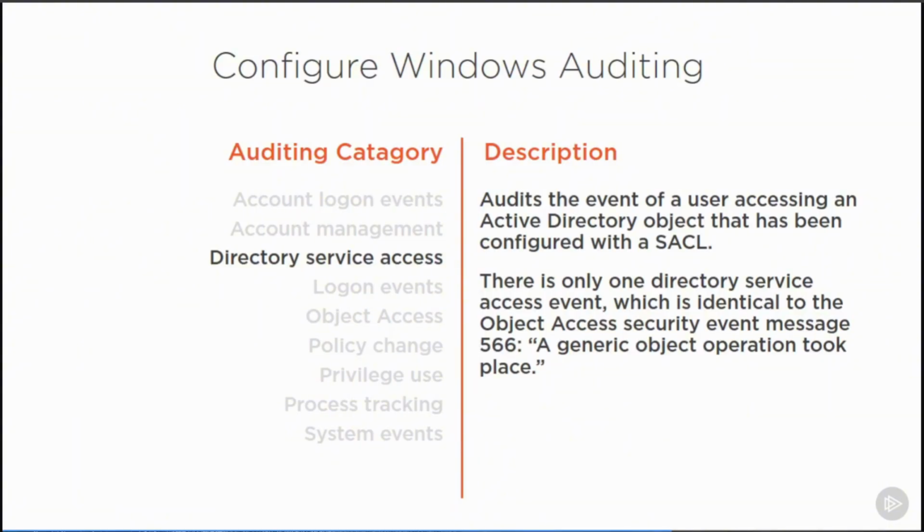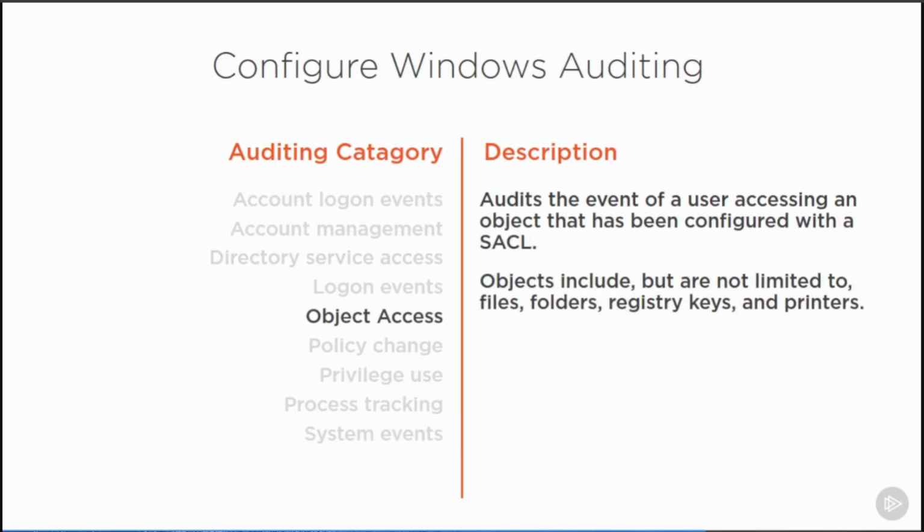It's event 566, which is a generic object operation took place. So there's not a lot of data granularity here, but there's not a lot of granularity being advertised either. You're only really advertising a category of when a user accesses the directory service, and that's exactly the data that you're getting back.